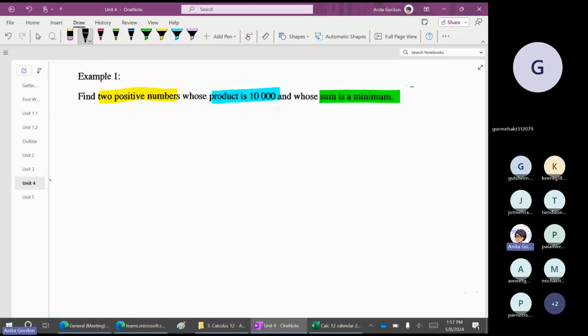Where did you get x and y from? Okay, let x be greater than 0, y be greater than 0. We state our assumptions. Next.